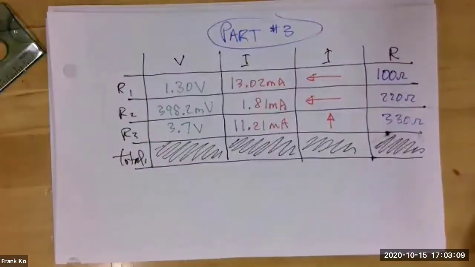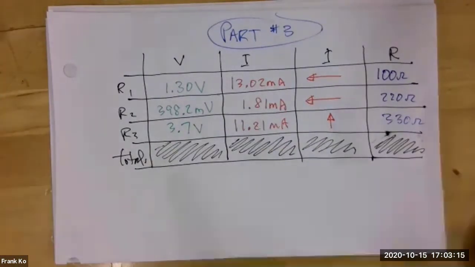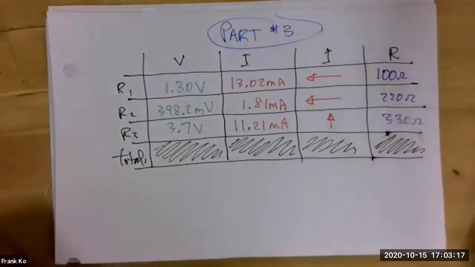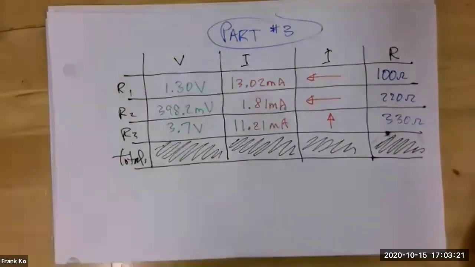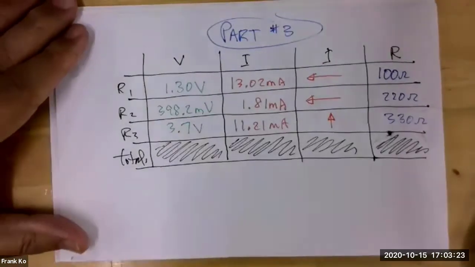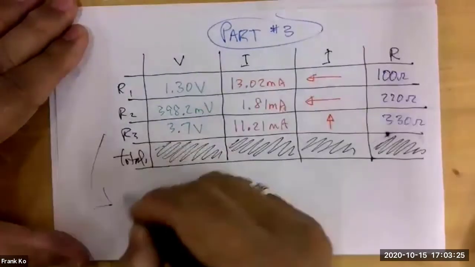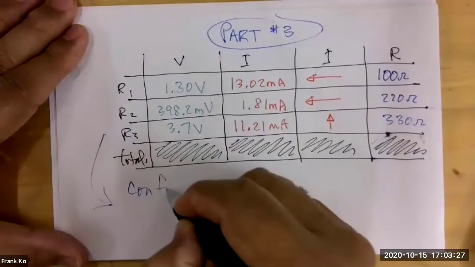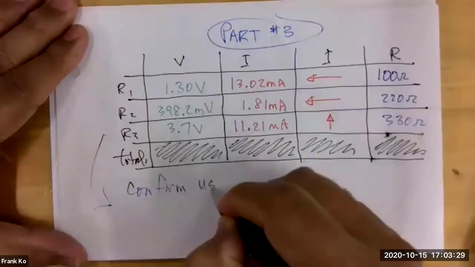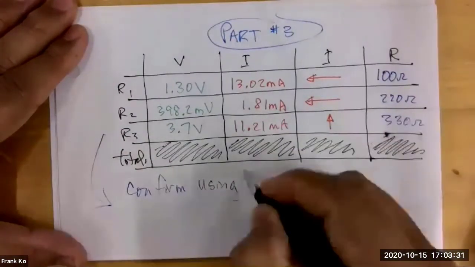Once we get here, we need to double check our analysis to see if everything is correct. We can confirm these values using two things.